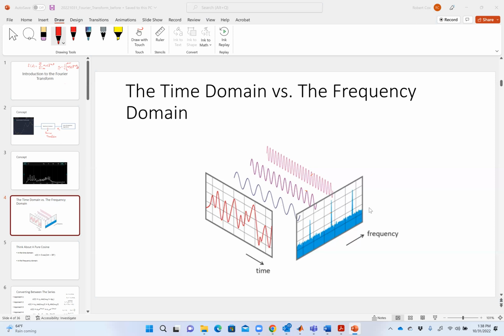I'm using the term information loosely. Somehow I've put something into this signal that means something, could be from my voice or whatever.